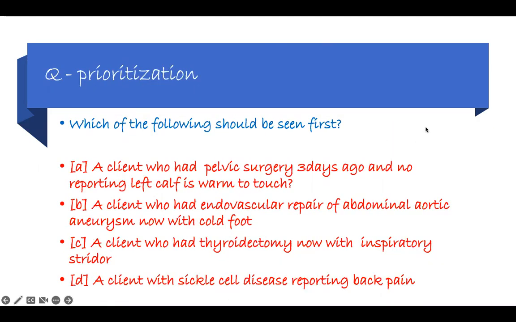So I have a simple method for how to do this, and I call it BE SHARP. So the first one is B. When you see a prioritization question, you should write this down and then analyze each answer choice, and see if you follow this pattern.